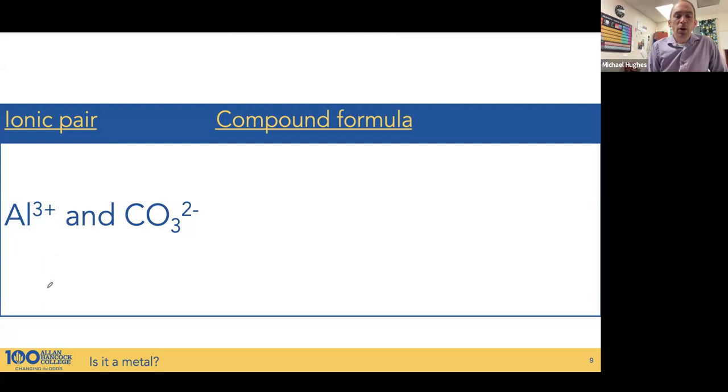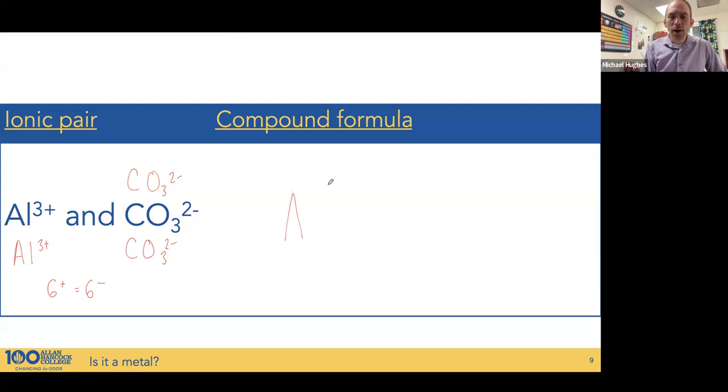And so we are going to have 6 plus equals 6 minus by having 2 aluminum 3 pluses and 3 carbonates, which each have a 2 minus. Then we have 2, 4, 6, negative 6, 3, 6, positive 6. So our charges sum to zero.